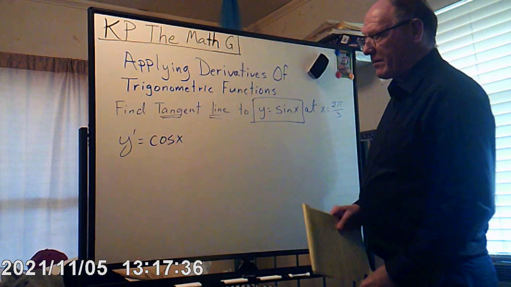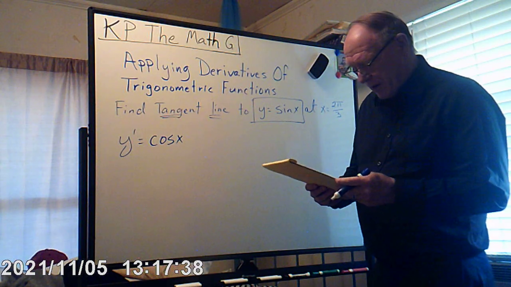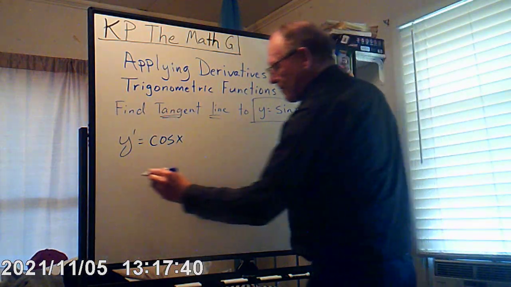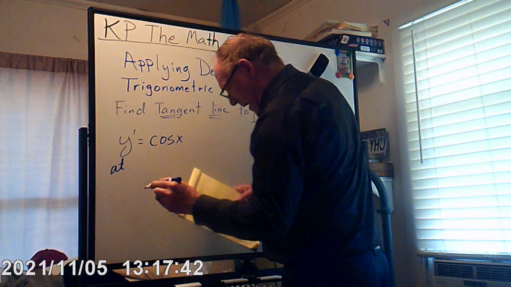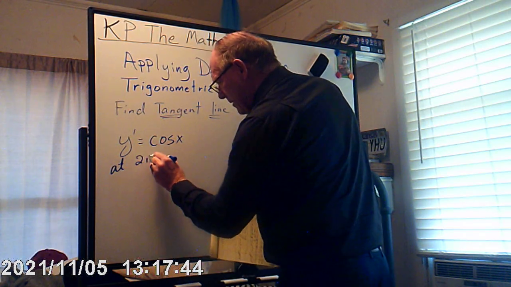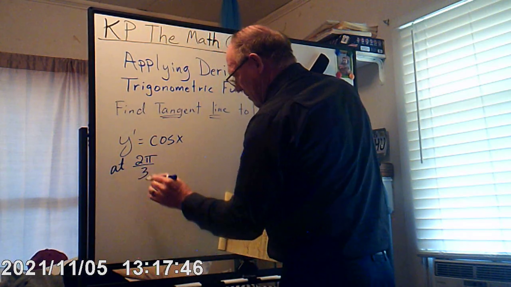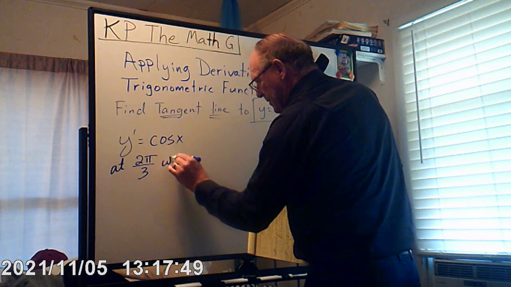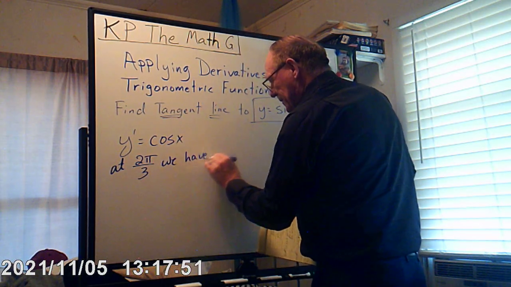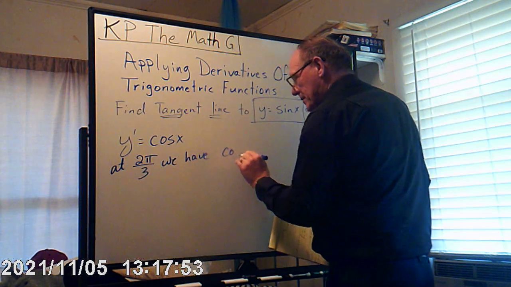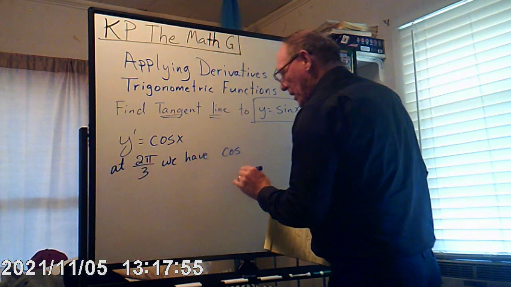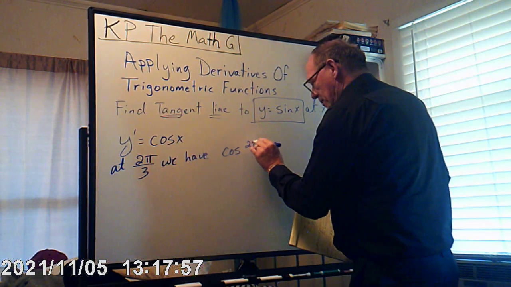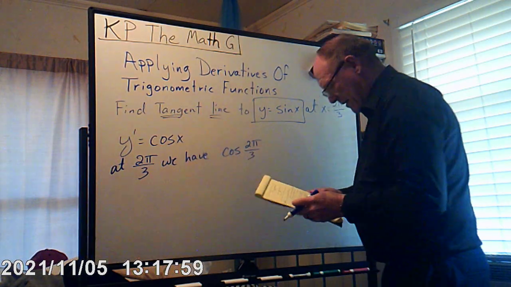So we found the derivative. That's the first part. And at 2 pi over 3, we have cosine of 2 pi over 3.